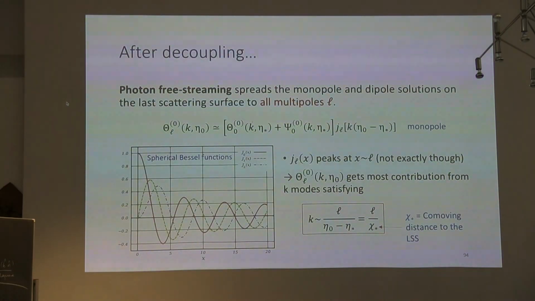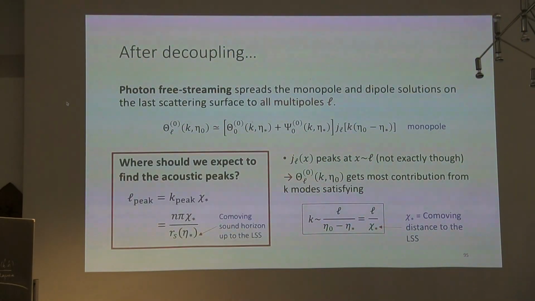Now, again, we can go back and use this information and ask ourselves where we should expect to find the acoustic peaks. We saw earlier that there are a series of peaks from the acoustic oscillations, and they peak at a value k_peak, which is essentially something related to the sound horizon.